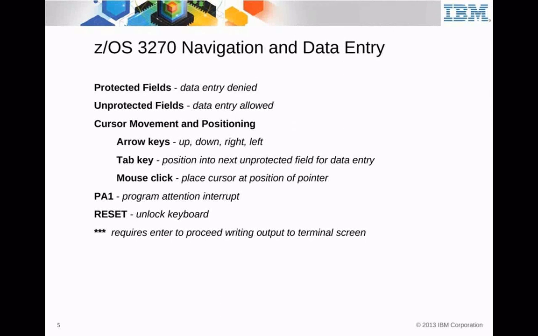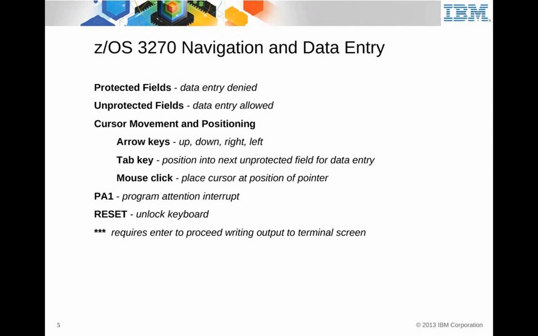Now, one thing you've got to get used to in 3270 is that the panels are actually programmed very much like HTML, but the syntax is different. When you code a 3270 screen, you can have protected fields and unprotected fields. In the protected fields, you're not allowed to type.